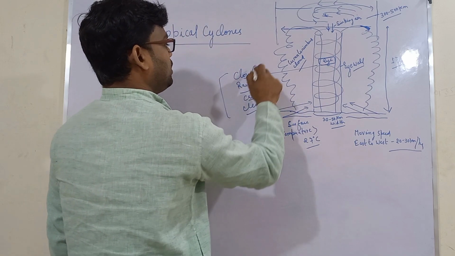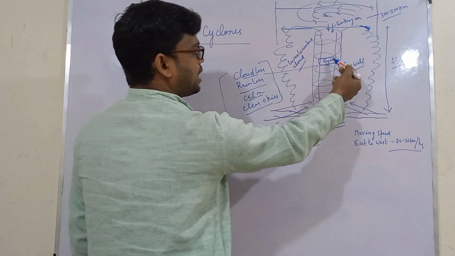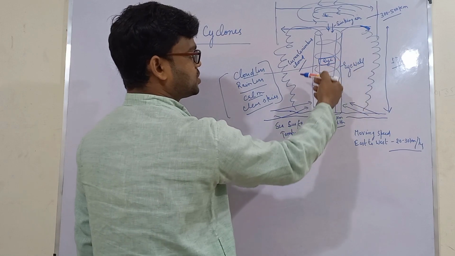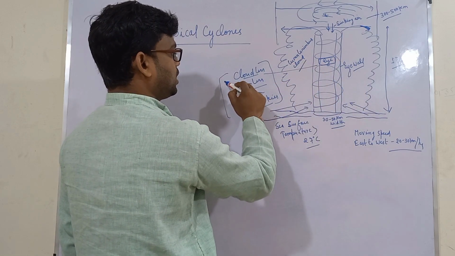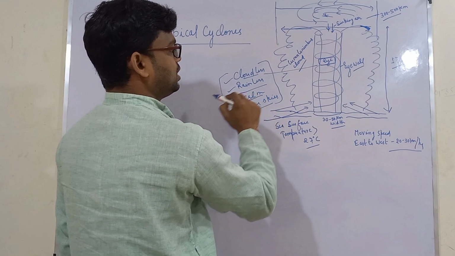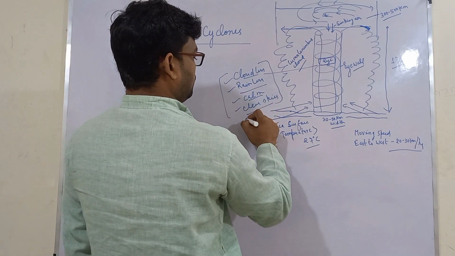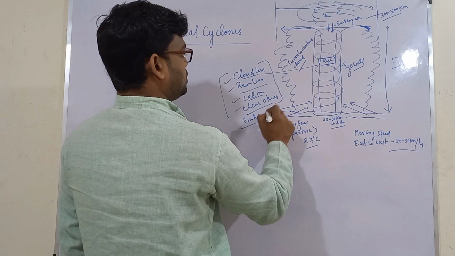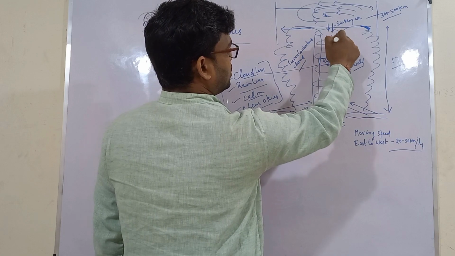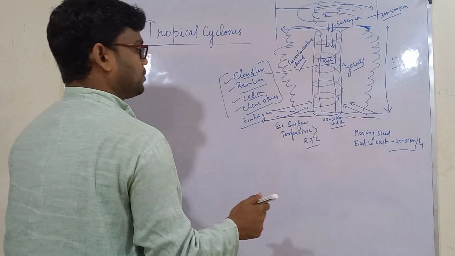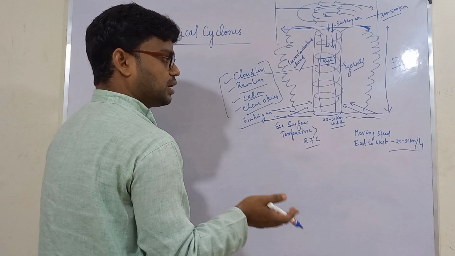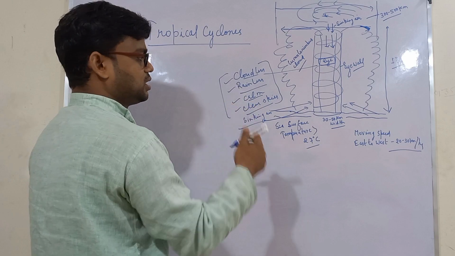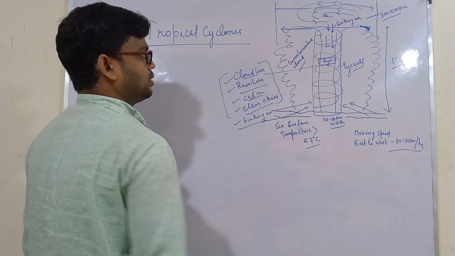So remember, these are the features of the eye portion of the tropical cyclone. The eye is the center low pressure region of the tropical cyclone, and it is characterized by cloudless, rainless, calm and clear skies, and sinking air. The air sinks here, and we know that rainfall is always caused by rising warm air, not by sinking air. So this region remains rainless.